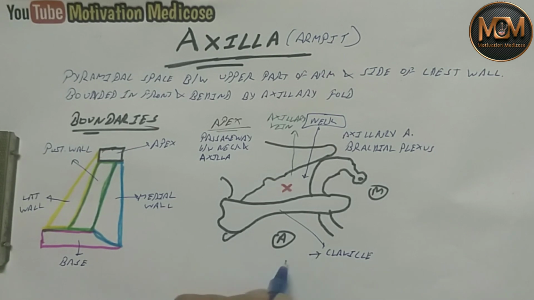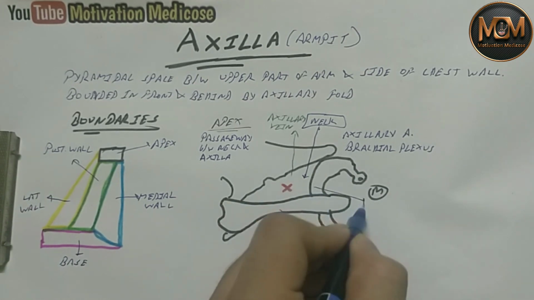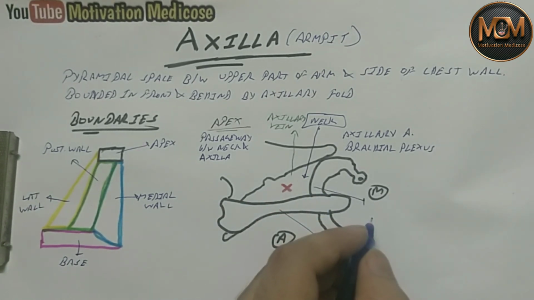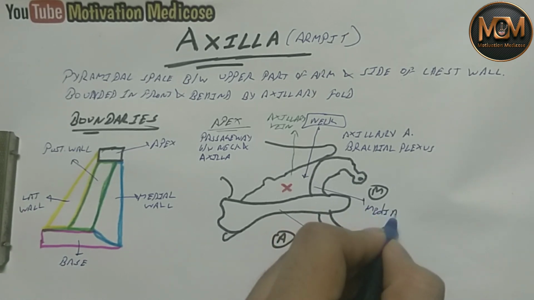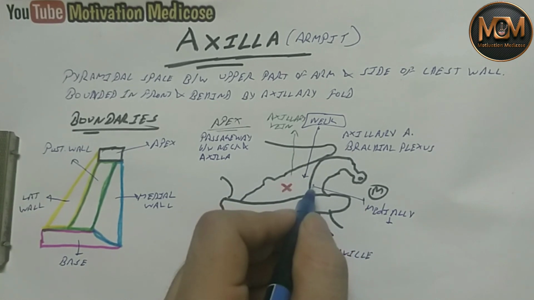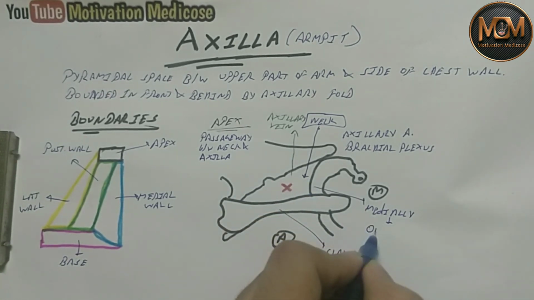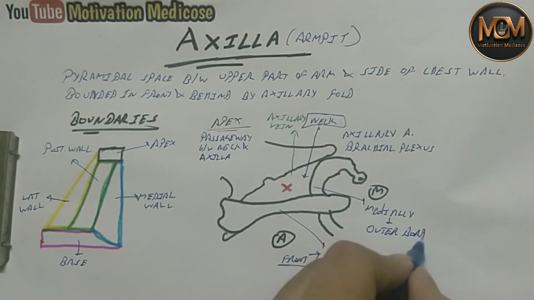Medially, the structure present is the outer border of the first rib.